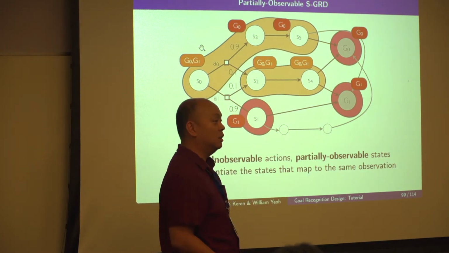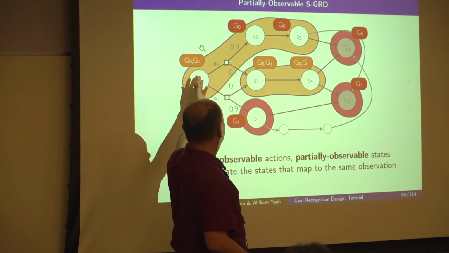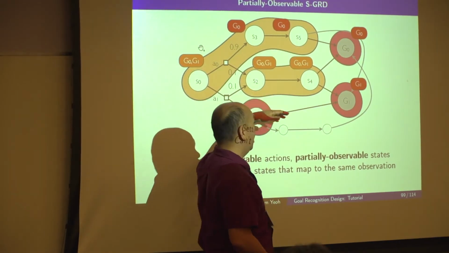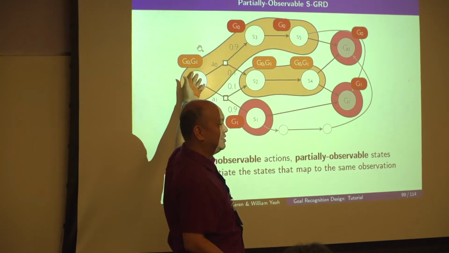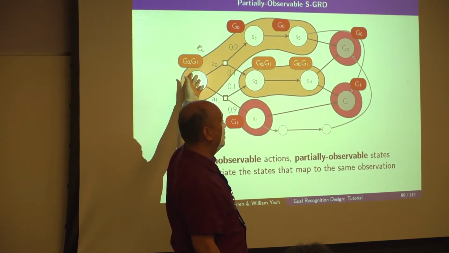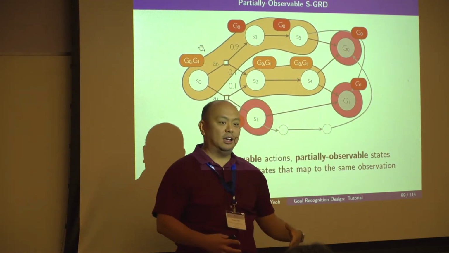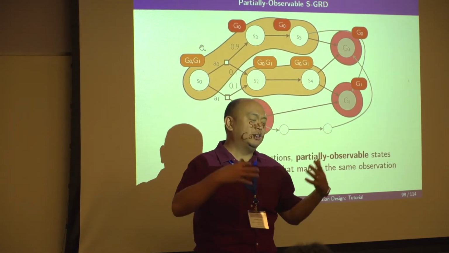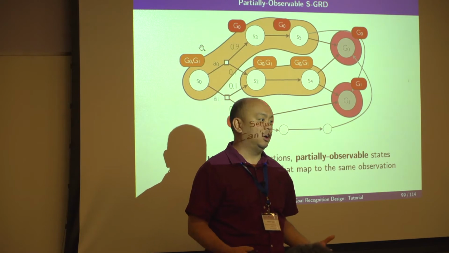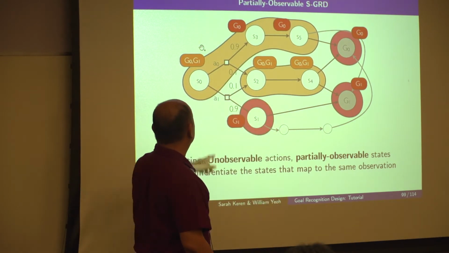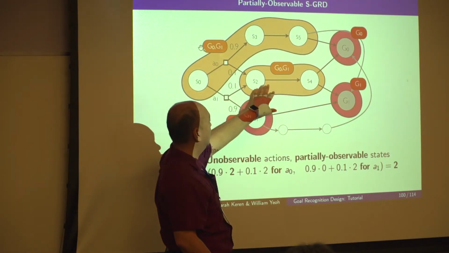What happens now? So you could be here, moving here, I can't tell. Or you're here, you're just taking a long time to take actions, I also can't tell. So therefore, I will now need to combine, for each possible observation, the worst set of goals that are possible, or the union of all the goals. So this becomes G0, G1. This becomes G0, G1.